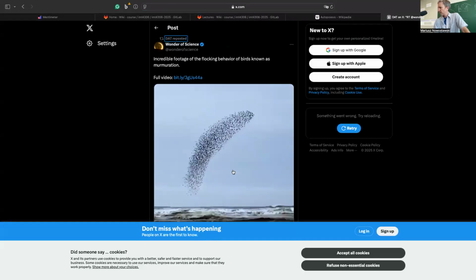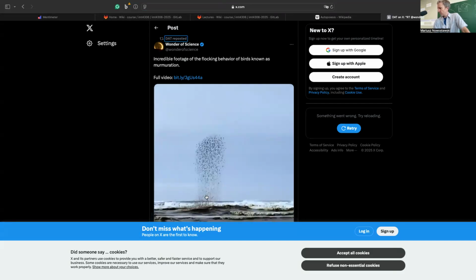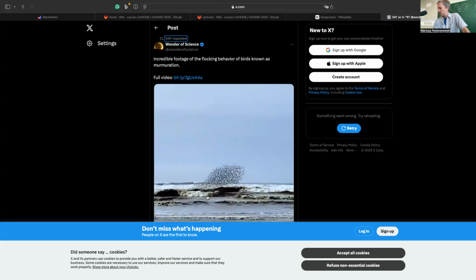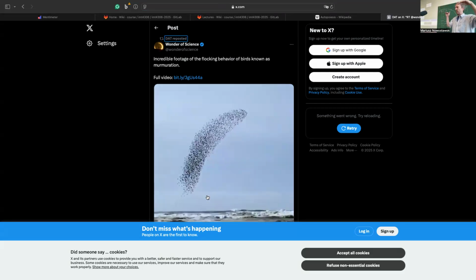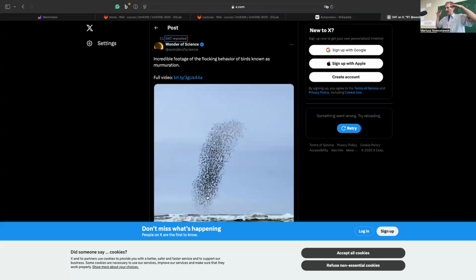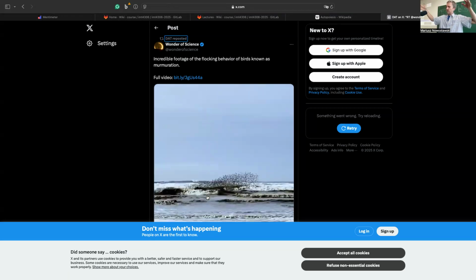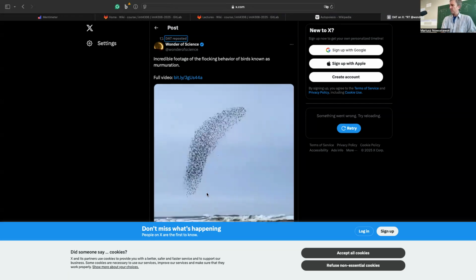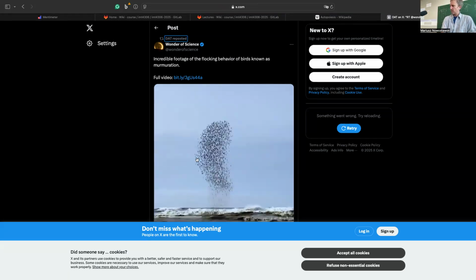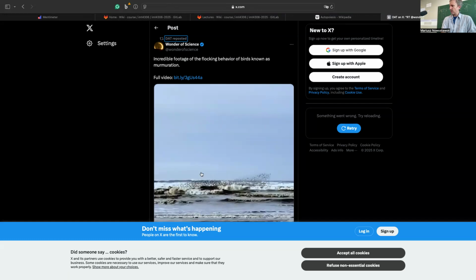Yeah, this one is quite nice. We see an emerging pattern, but each bird is following some simple rules. They basically keep a certain distance from their neighbors, and they maintain the direction of their neighbors, and the birds on the outside lean towards the center, and so on. So there are simple rules which each bird is following, and it gives rise to an emerging behavior, which is the whole flock.